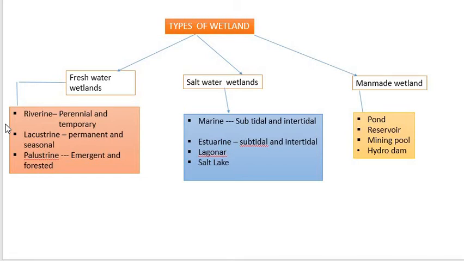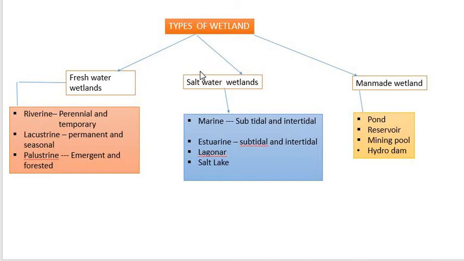Under the freshwater wetlands, there is riverine. The riverine may be perennial or temporary. There is lacustrine freshwater wetland, and they are also permanent and seasonal. There is palustrine freshwater wetland. There are two categories, emergent and forested.